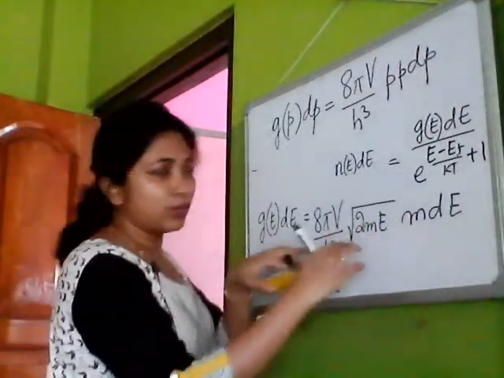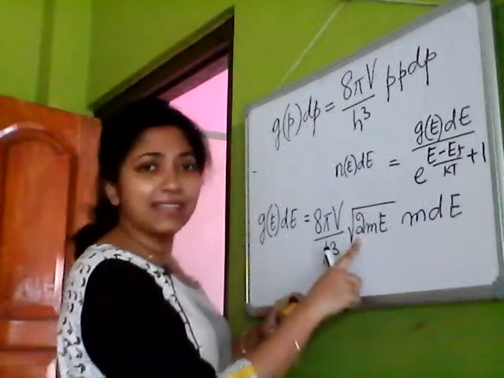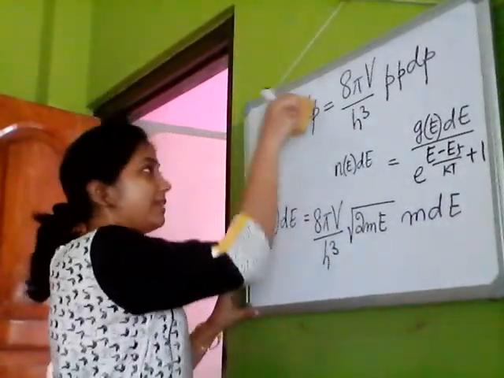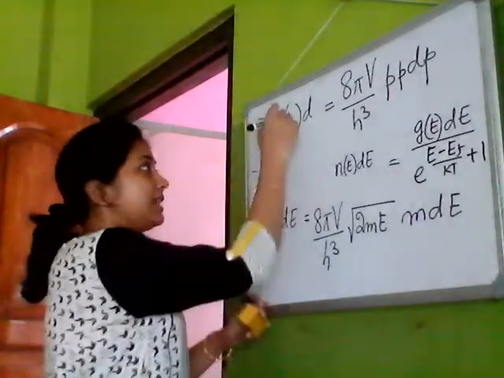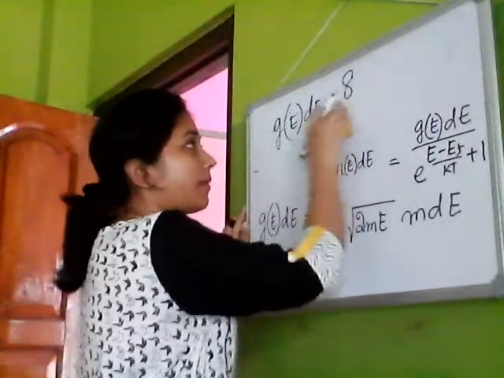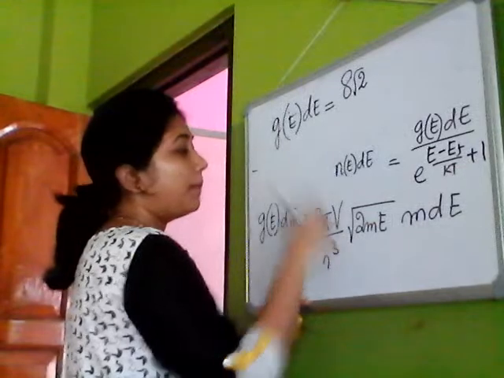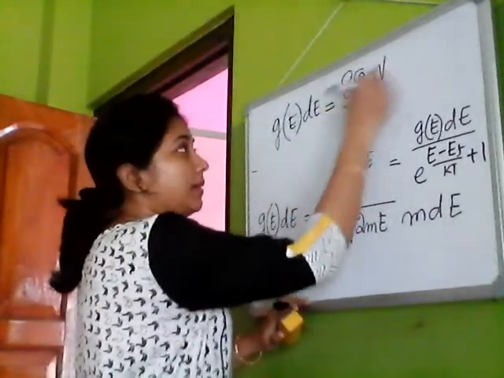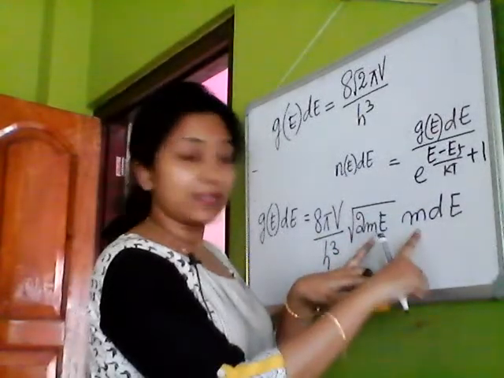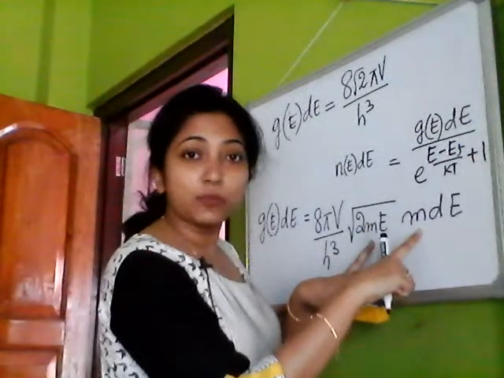Now let us do a little bit of mathematics and see. Let me take this under root over here. So what will I have? I will have GEDE as 8 into root 2 pi V by H cube. Now see, we are having m in two places. This m is coming with an under root, m to the power half, and this is m to the power 1.